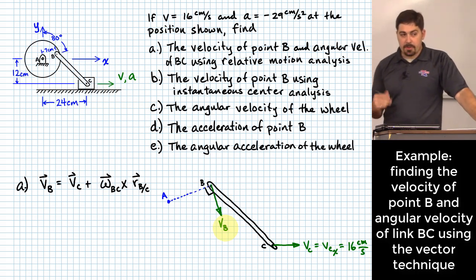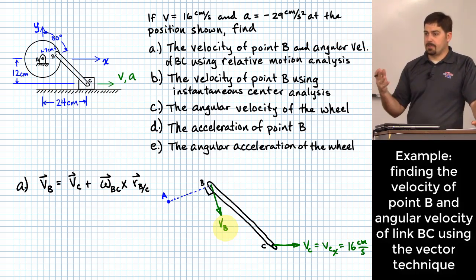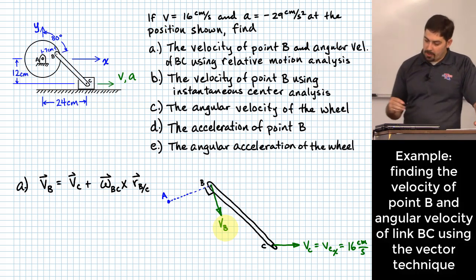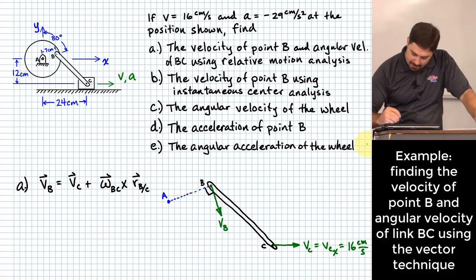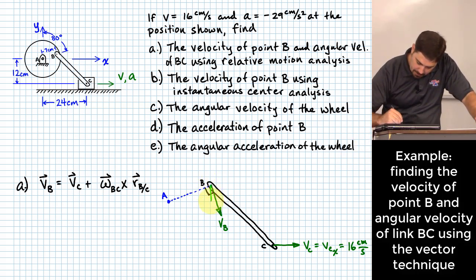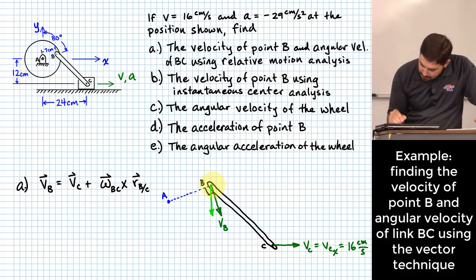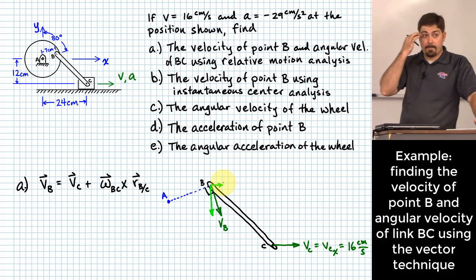Since I know the direction of that velocity based on the geometry, if I want, I can split it into components. I can split it into a component that is vertical, and a component that is horizontal. Would you agree with that?